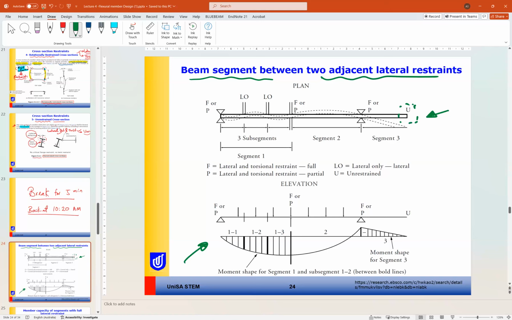And at this point here, we have a type of support that can be fully or partially restrained based on whether the twist and lateral deflection are prevented or not. So at the support, as the vertical support, the lateral support may be one of two cases, fully or partially, based on whether the lateral deflection and twist are totally prevented or not.